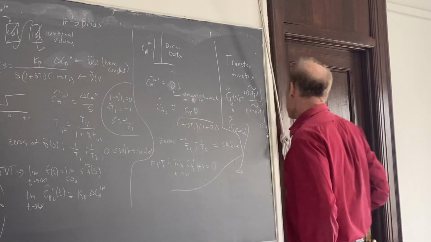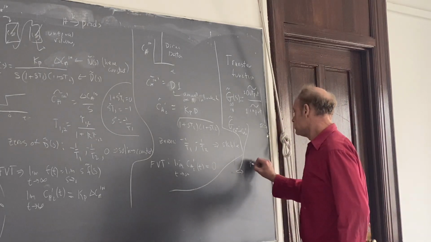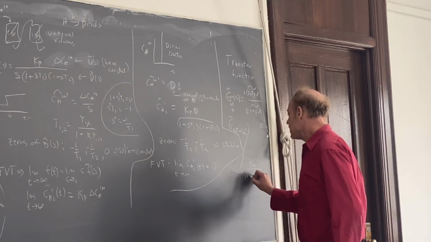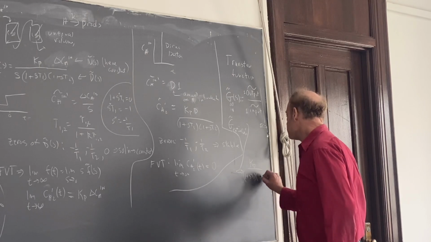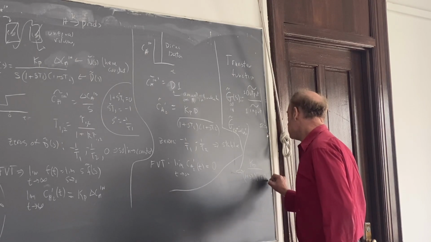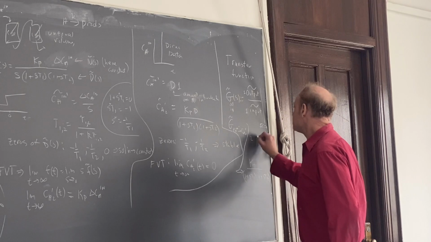So it's Kp divided by (1 plus s tau 1)(1 plus s tau 2), for the two CSTRs and symbols.